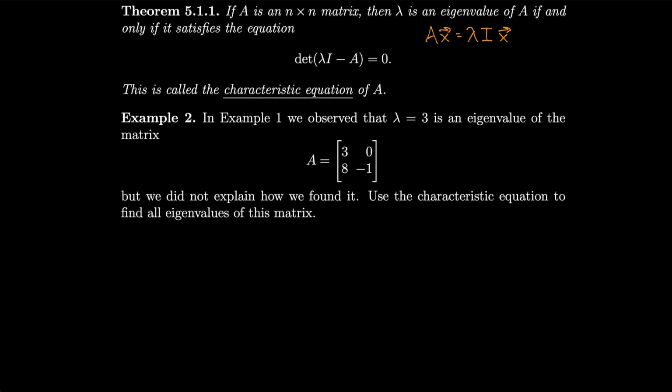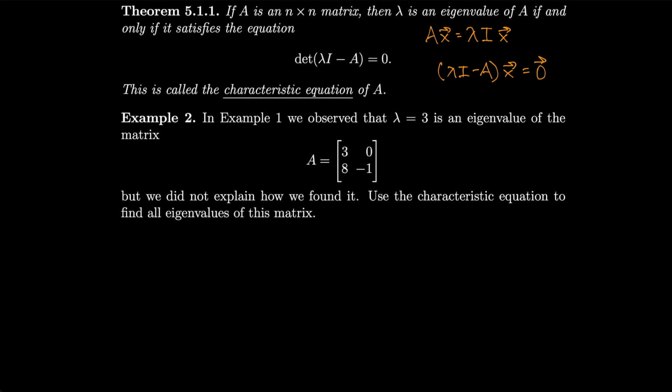But then I could just subtract Ax from both sides, move it over here, and on this side I would have lambda I minus A times x, right? I just factor out the vector x. And on this side over here, I would have 0, the zero vector. Notice I just really switched the sides a little bit.